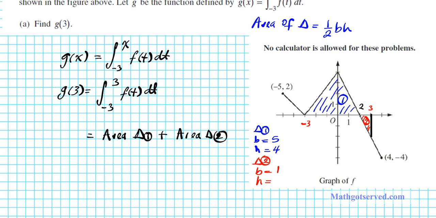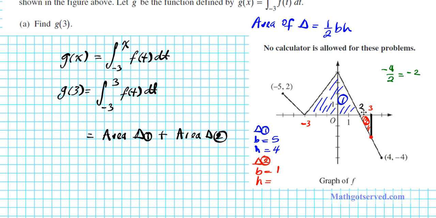Well, we don't know what the coordinates of this point are, so to figure that out, we can simply take advantage of the fact that this is a straight line and determine the slope of this line. So what's the slope of this line? You're going down 1, 2, 3, 4, and across 1, 2, so basically -4/2. So the slope of this line is -2. Every time you run 1 unit, you're going to drop down 2.